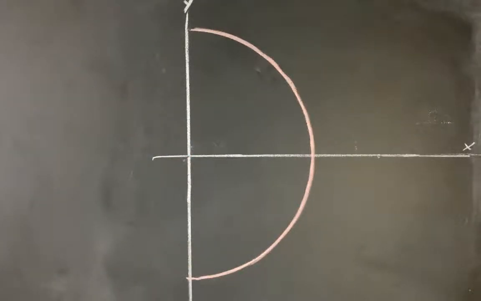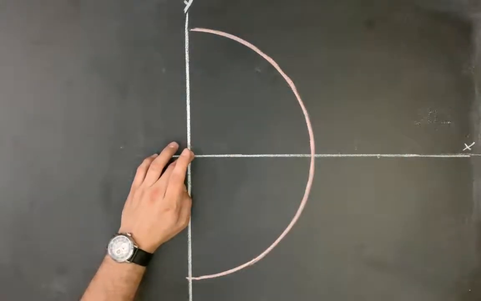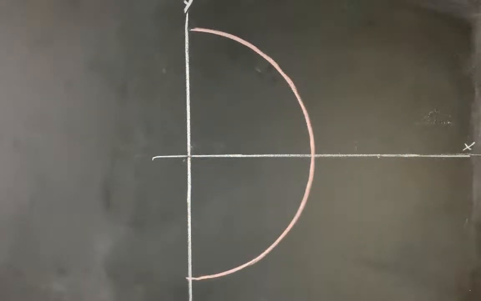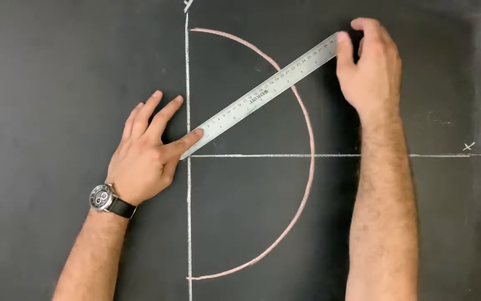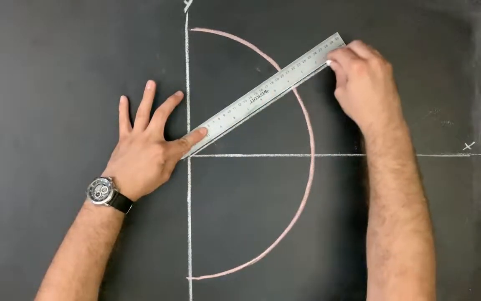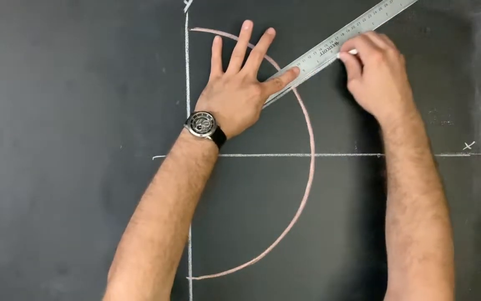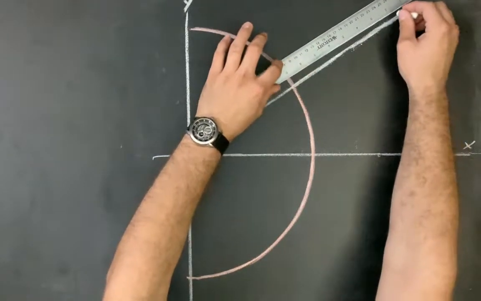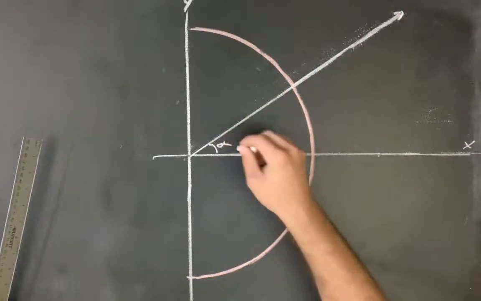Next, we need to create some angle, alpha, that passes through with a ray through the semicircle. Call it angle alpha.